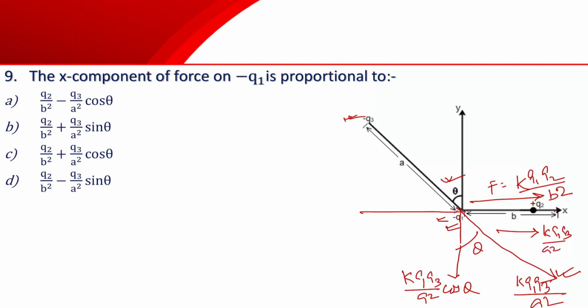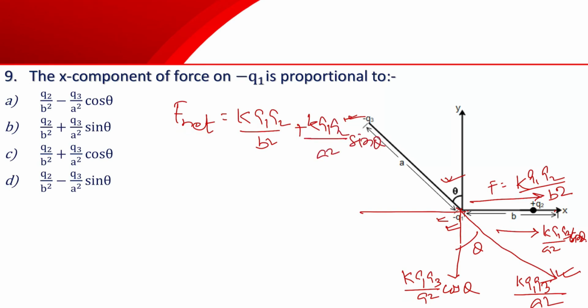K Q1 Q3 by A square sin theta. So the net force along the x-axis on Q1 due to these charges Q2 and Q3, that we have to add, and that will be F net. If you add, F net will be equal to K Q1 Q2 by B square plus K Q1 Q3 by A square sin theta.